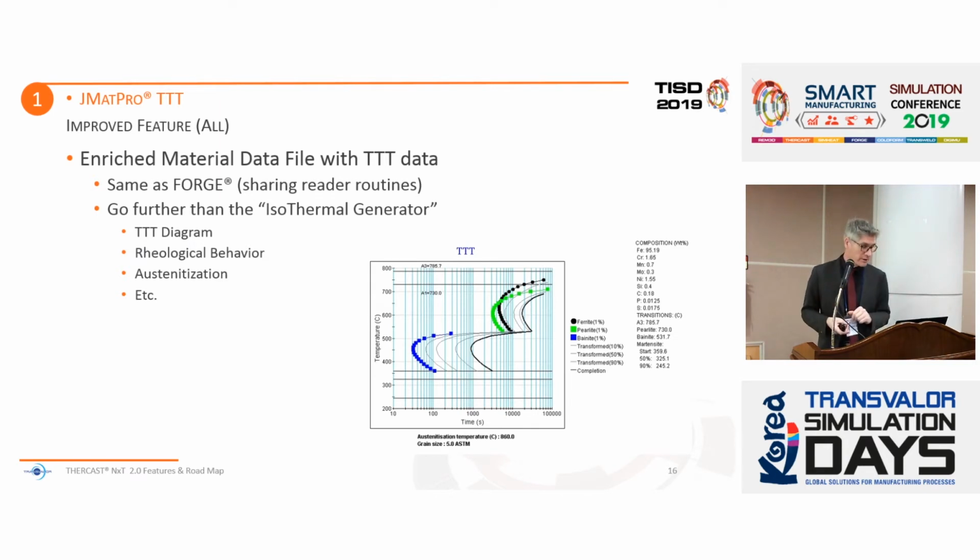We have shared this feature between the two software, Forge and Thercast. We are now able to read and take into account the data coming from the GEMAT Pro solution for the TTT data, and then we can directly ensure the continuity between a casting and a forging operation, for example, while taking into account the residual stress and all the phases, from the casting to the forging, and then heat treatment if we have to do that.